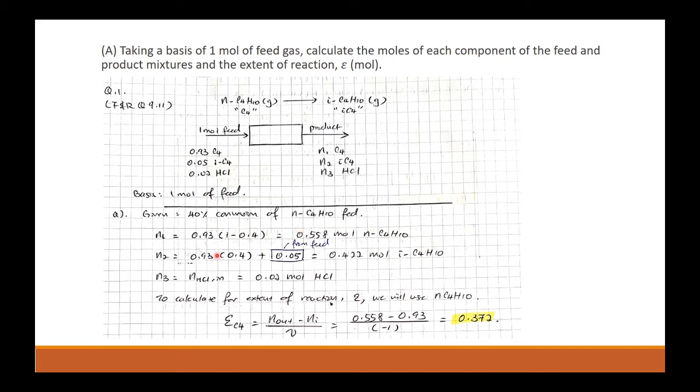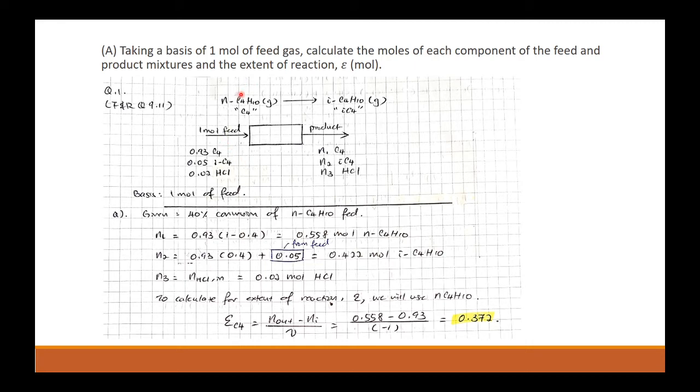Therefore, N1, which is the remaining NC4, is 0.93, which is N1 at the inlet, multiplied by 1 minus 0.4. This means that 60% of NC4 remains in the product stream, which leaves us with 0.558 moles of NC4H10.